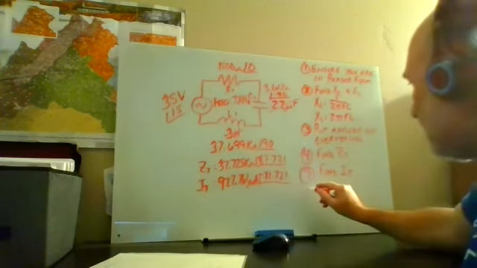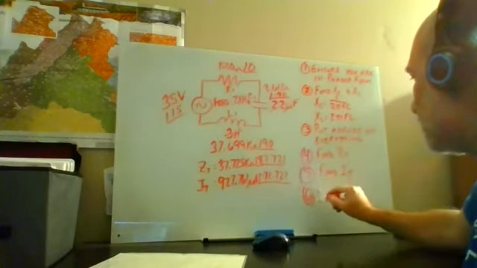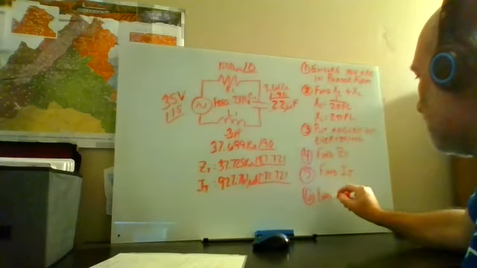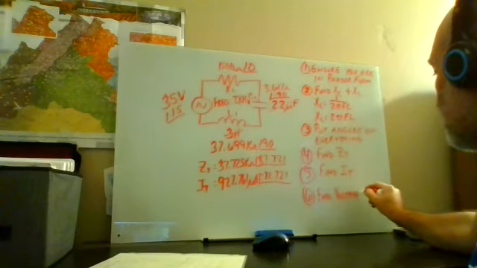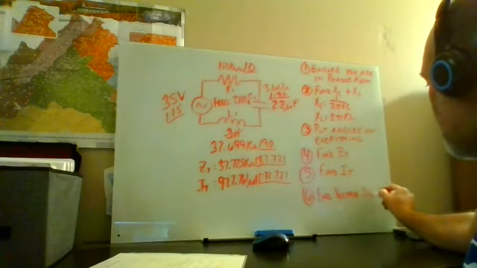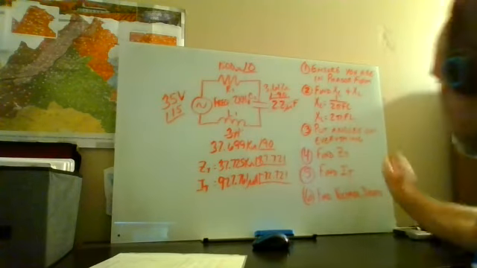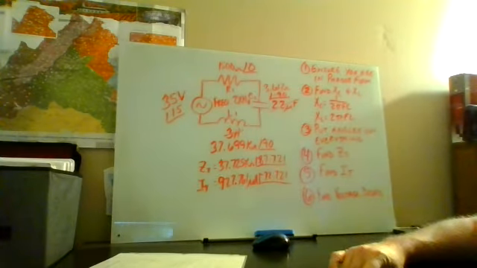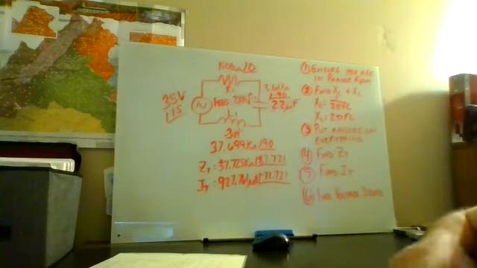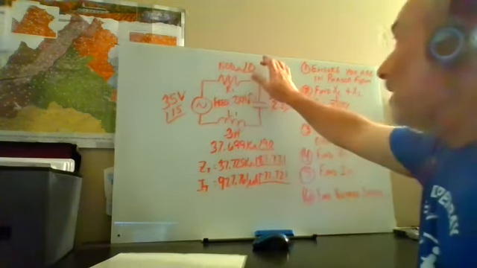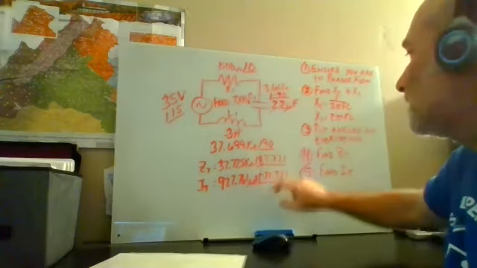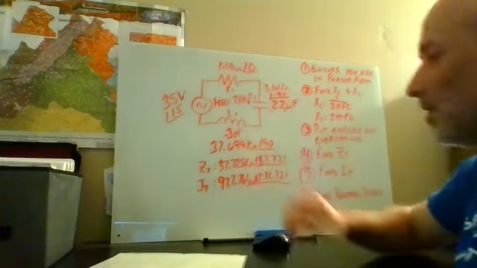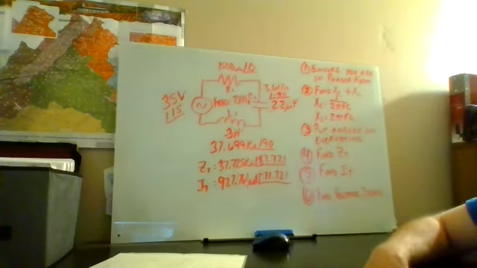So my last step, step 6, is find voltage drops. And then all I do is I either use my voltage divider rule, or I take my impedance times my current, impedance times current, impedance times current, and get my voltage drops.